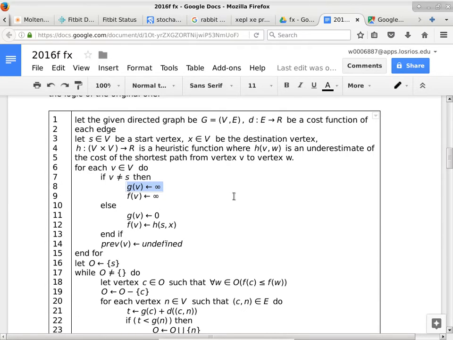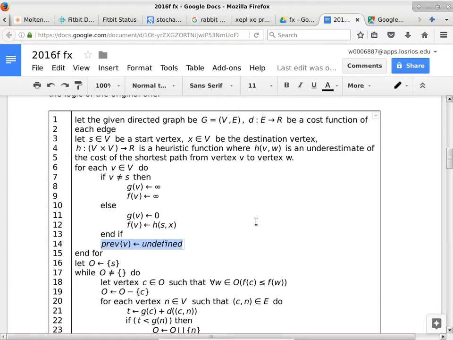Is that okay? We'll trace the algorithm, so don't worry. We will find out how we update G and F as we explore the graph. There's one more thing we do in the initialization. Prev, or previous, is somewhat not a function.